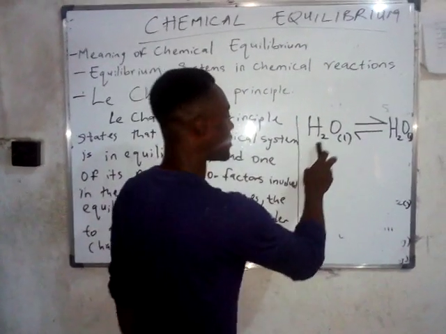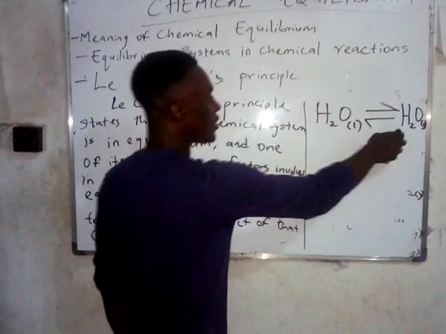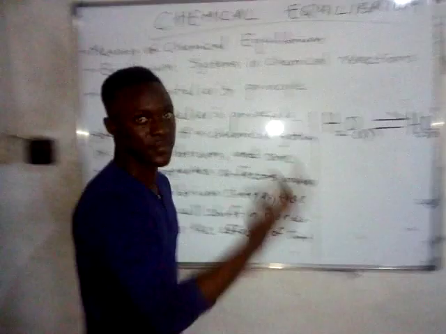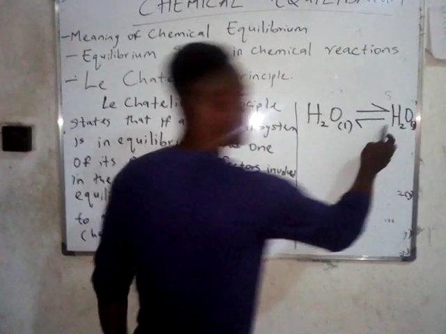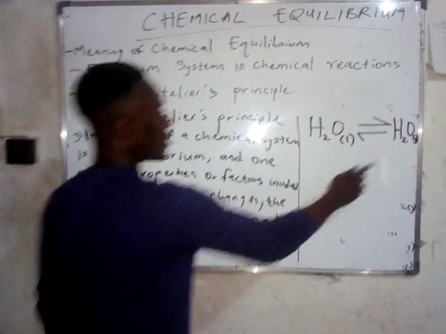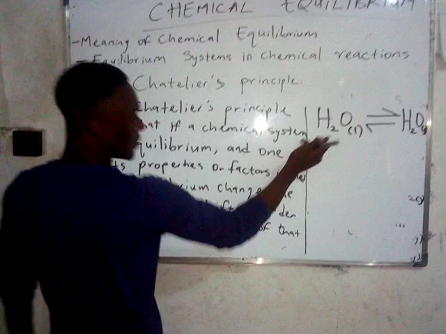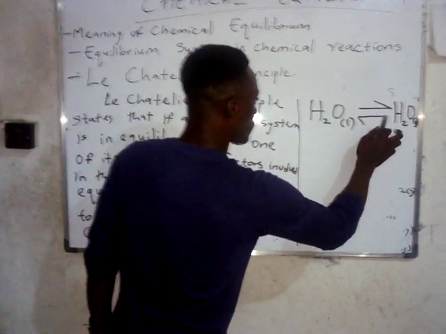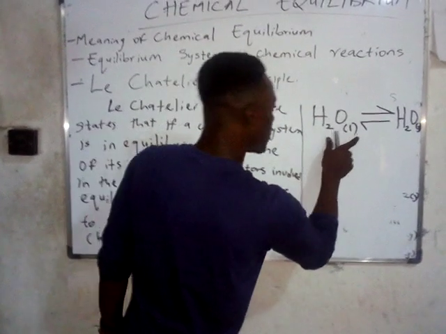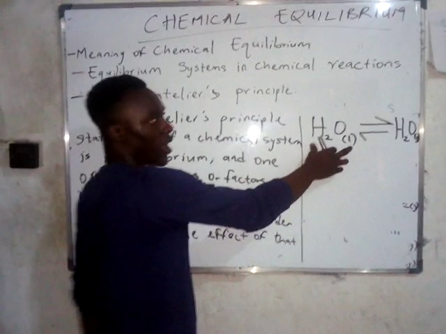When you heat it, the addition of more temperature will lead to the release of more steam in order to keep this system in equilibrium. And then when condensing this back to water, you are going to reduce the temperature in order for it to condense back to liquid. And when you do that, in order for it to remain in equilibrium, a greater quantity of water will have to be produced.